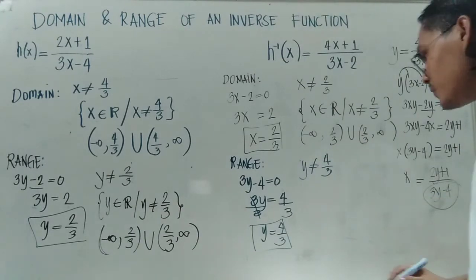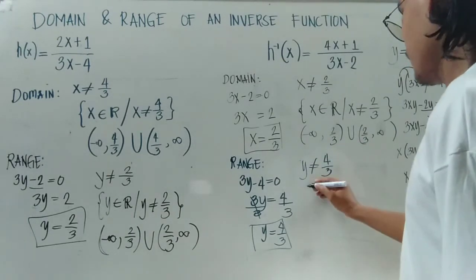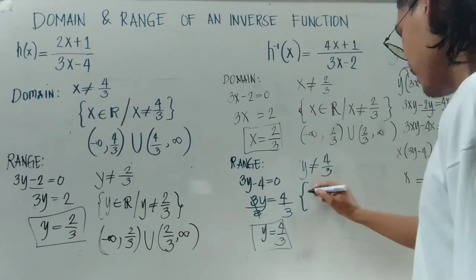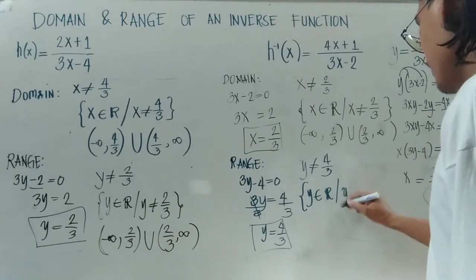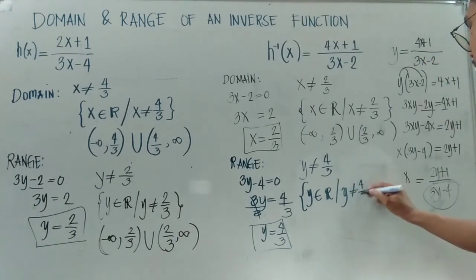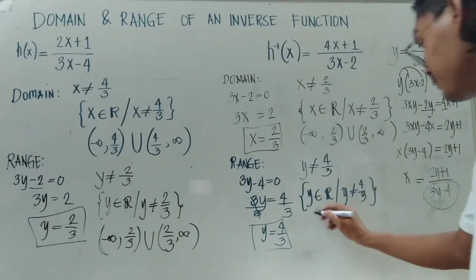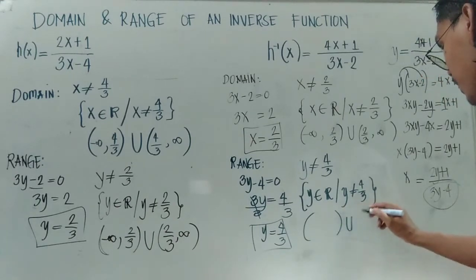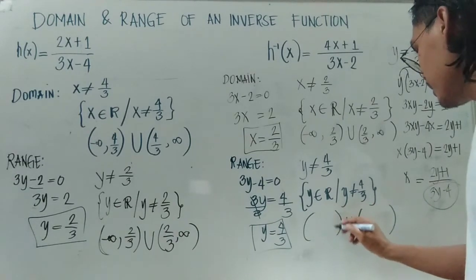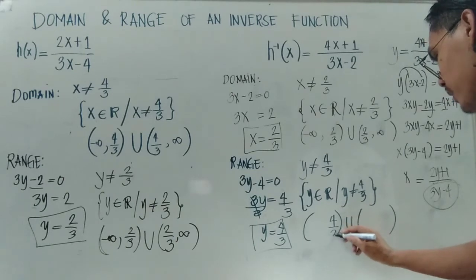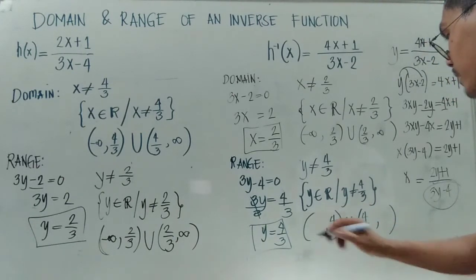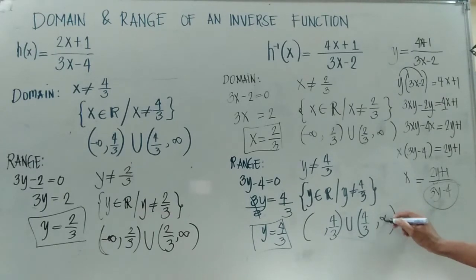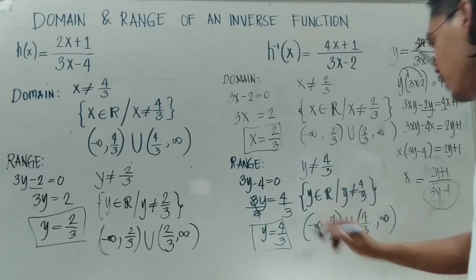Using set builder notation again, y is an element of real numbers such that y is not equal to 4 over 3. And using interval notation, we have this one: 4 over 3 as the barrier of your solution, or the value of y, or range, from negative infinity to positive infinity.